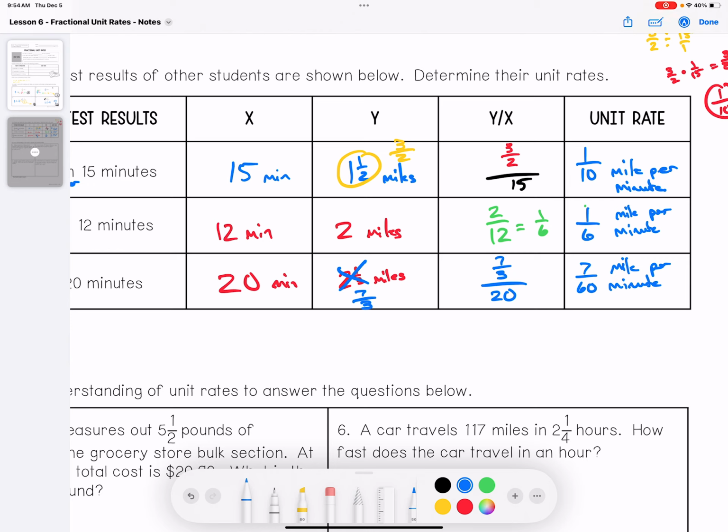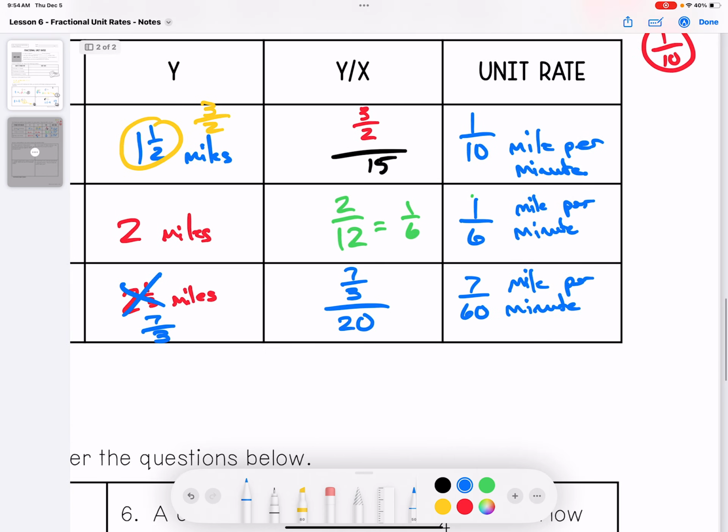So one way to do that is to convert them all to decimals. Divide 1 by 10 in your calculator, and it's going to give you 0.10. If you divided 1 by 6, it's going to give you 0.16 repeating.